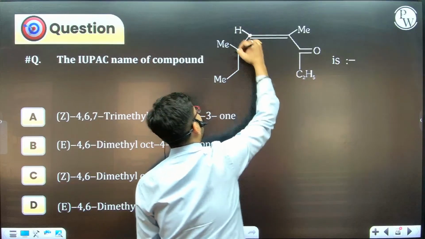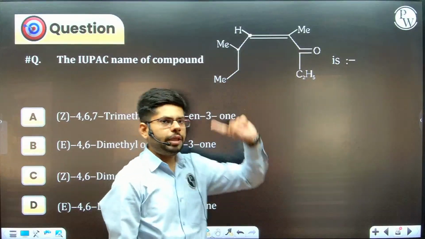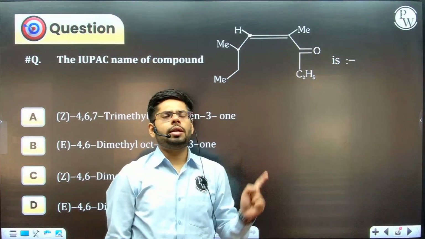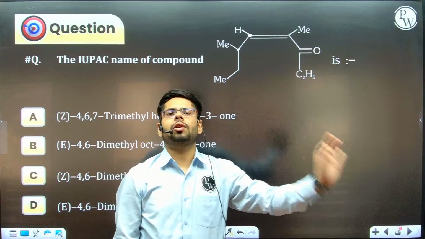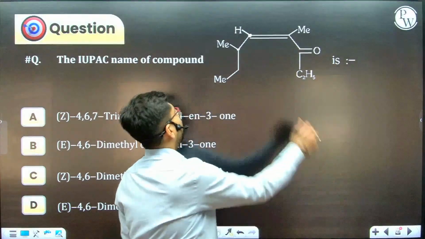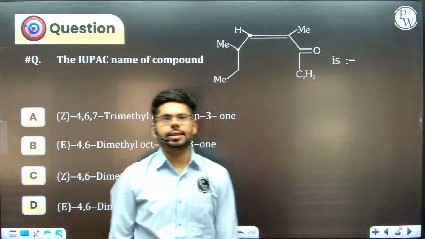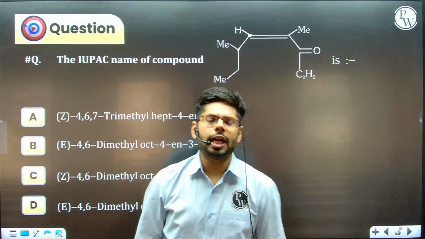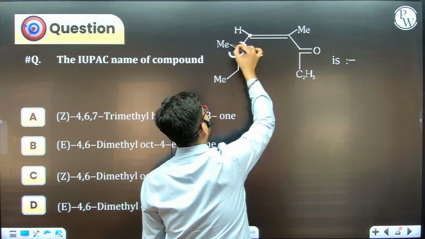Out of hydrogen and carbon, which has a higher priority? So CIP will be used. We know that if the atomic number is higher, then the priority is also higher. Out of H and C, C will have a higher priority because the atomic number of C is 6, the atomic number of H is 1. So this is having a higher priority.